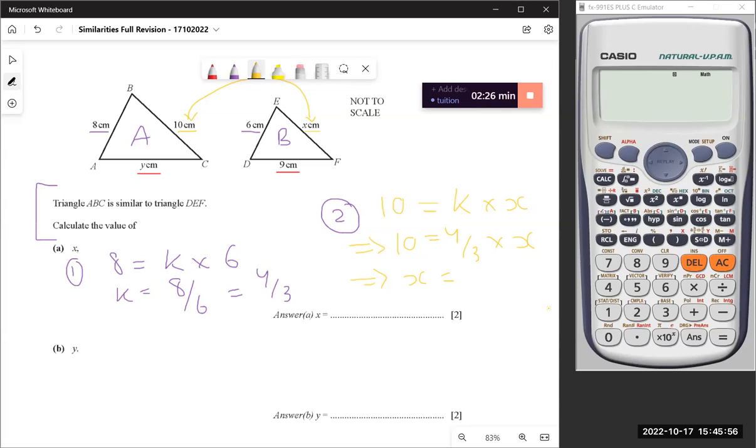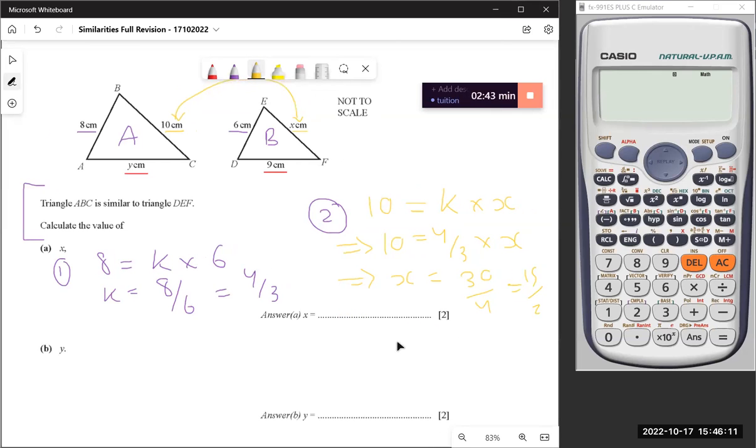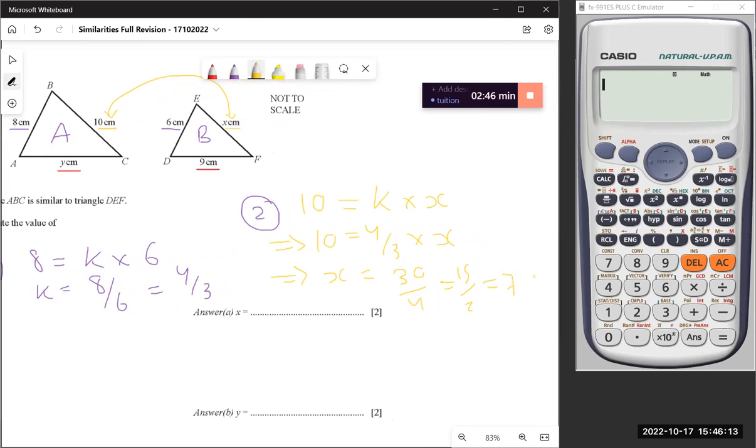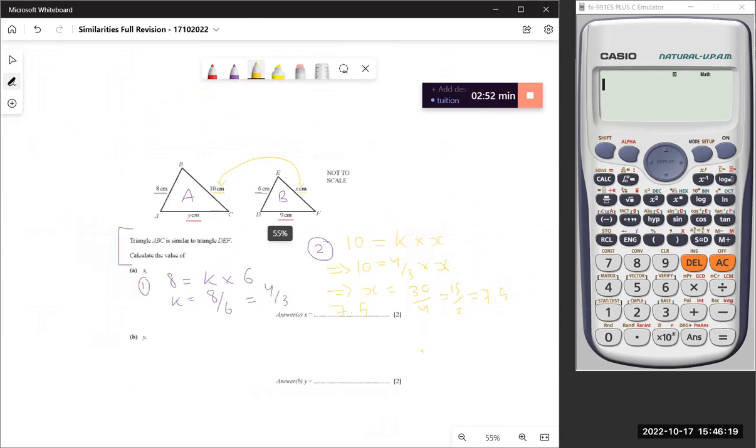Sir, I'm doing it. You're doing it on your own? Yeah. Good. Now, 15 by X, what is X? This will be 30 by 4 or 15 by 2, which is 15 divided by 2, 7.5. Now, Rachit, what is your answer? 7.5. Correct. Good.